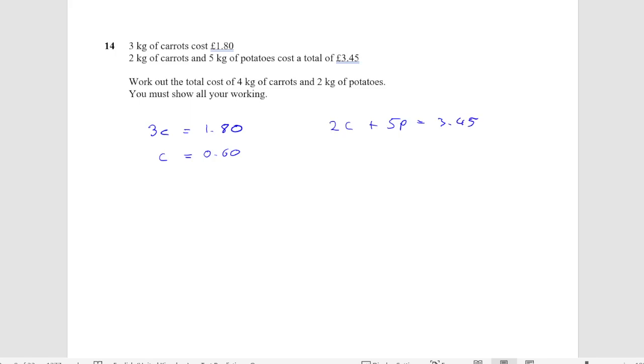Well, 2C is going to be 1.2, plus 5p is going to be equal to £3.45. So if I minus 1.2 from both sides, that would give me 5p is equal to £2.25. So p is going to be equal to 0.45.